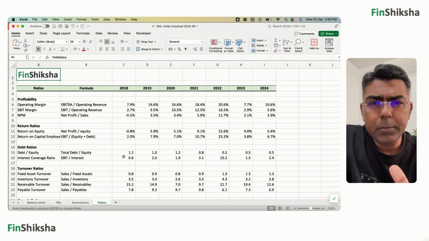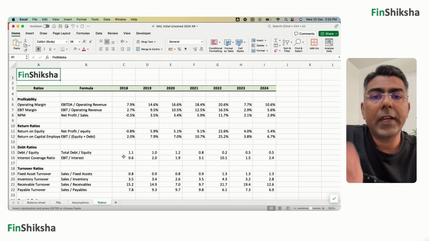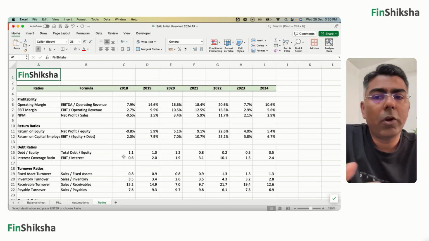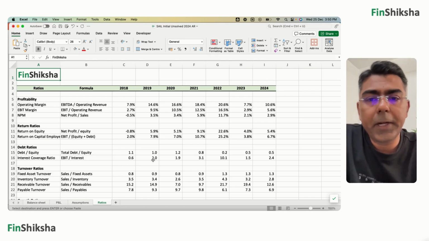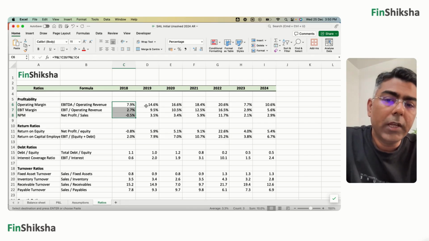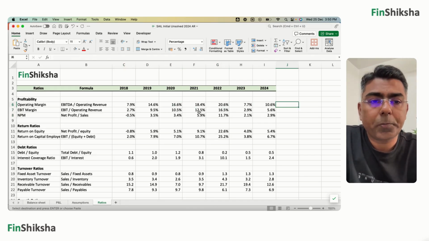Now, this is an initial first cut quick calculation of all the ratios. Now let's try and understand the analysis of this, or just understand where this is coming from and how you interpret some of these numbers, right? So now you see that 2018 was not such a great year, obviously, because margins were very low. Margins started going up, peaked around 2022, right?